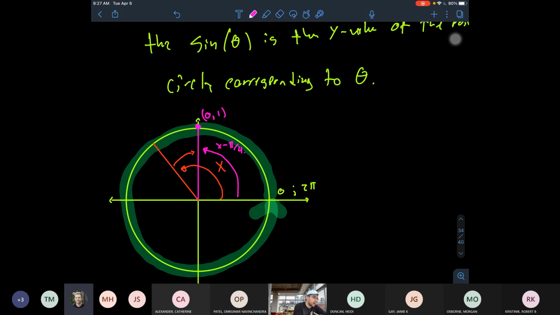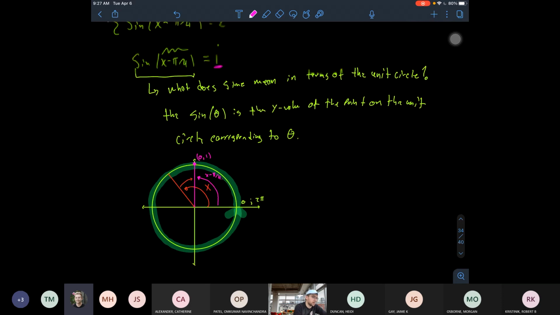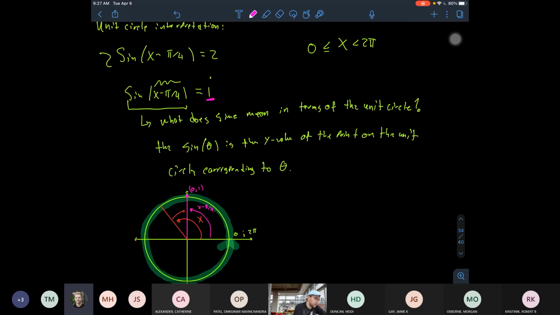Okay, so if we trace back our angle, we count it a little bit backwards by pi over 4, which is 45 degrees, then that adjusted angle should point directly up. And the angle which is in red is x itself, and so x itself should be between 0 and 2 pi.